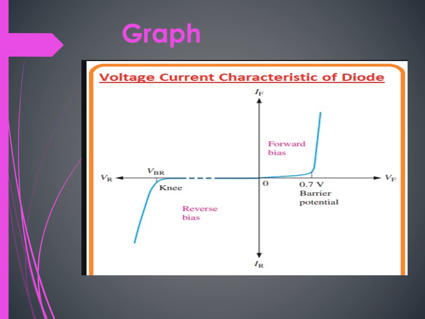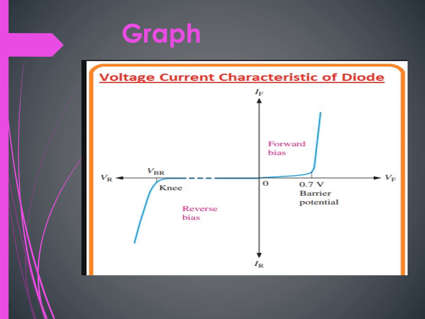This is the value which I'm saying is the potential barrier, or barrier potential. It is the potential barrier which is developed when the p type and the n type are connected, and the potential barrier which it has itself. So the silicon has 0.7 and germanium has 0.3.